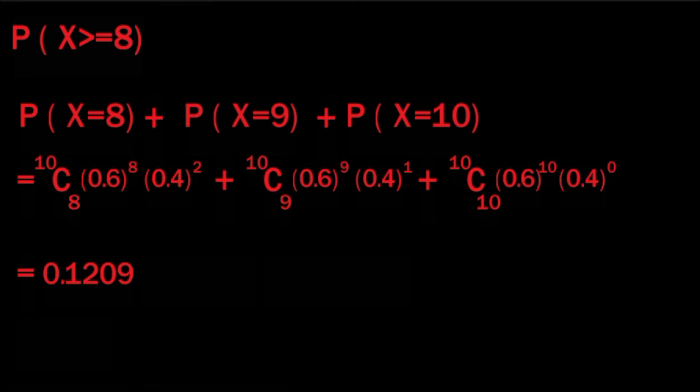The answer you will get is 0.12009, plus 10C9 multiplied with 0.6 to the power of 9 multiplied with 0.4. The answer you will get is 0.0403, plus 10C10 multiplied with 0.6 to the power of 10. You will get 0.006047.